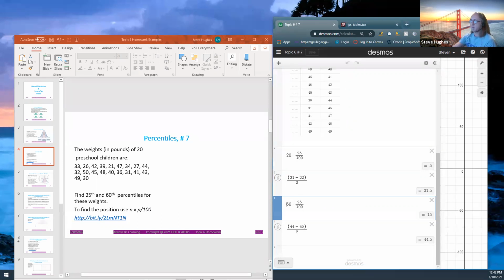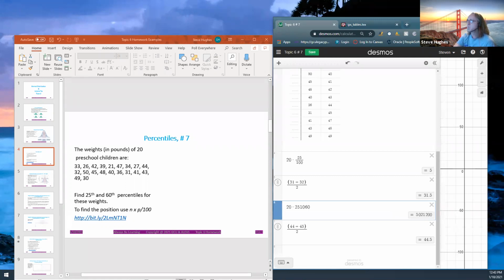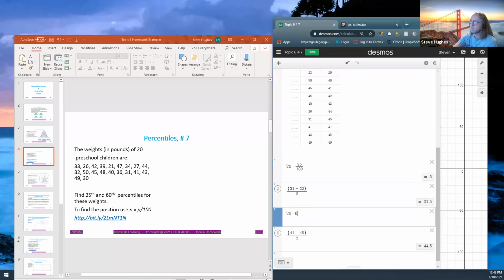Let's try this again right here. This is 20, this is n, times 60. Whoops. I'll get this right here, give me just a second. Times 60 divided by 100 is 12, okay? That's the 12th position.